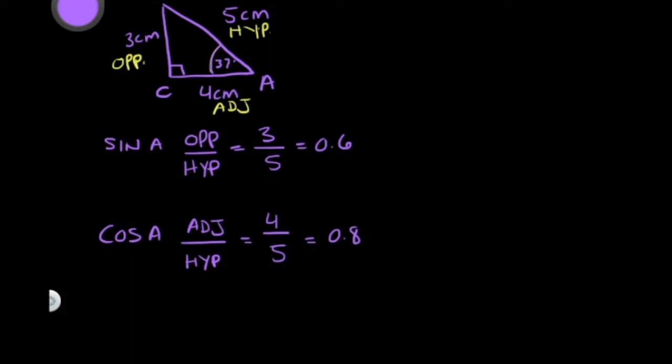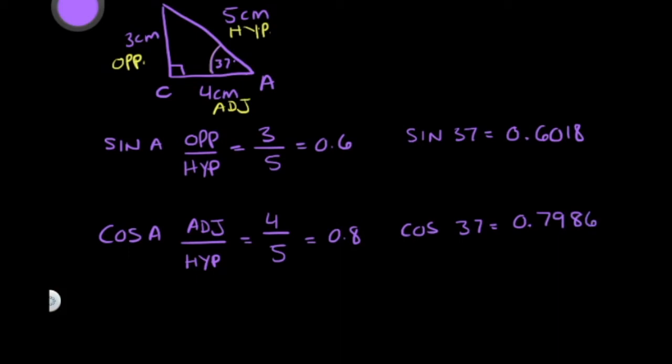So if you type cos 37 equals, you should get, actually I should write these down here. So for sine 37, we got 0.6018. For cos 37, we got 0.7986.